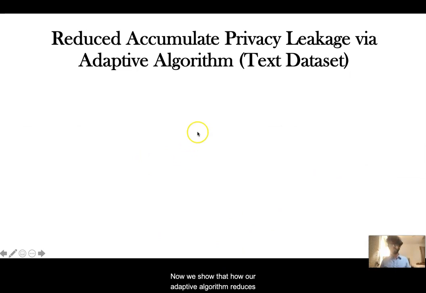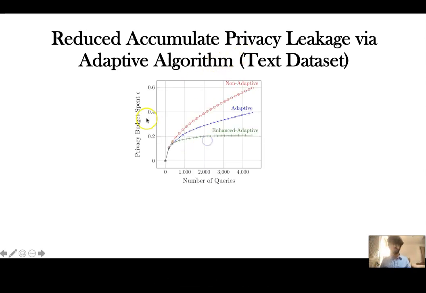Now we show how our adaptive algorithm reduces the accumulative privacy leakage over the number of queries. Here we plot a graph where the y-axis shows the privacy budget spent, which is an indication of how much information has leaked, against the number of queries answered.